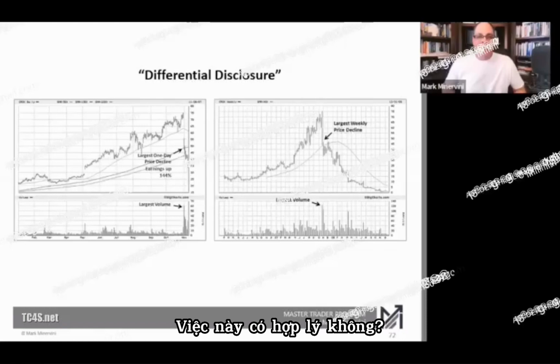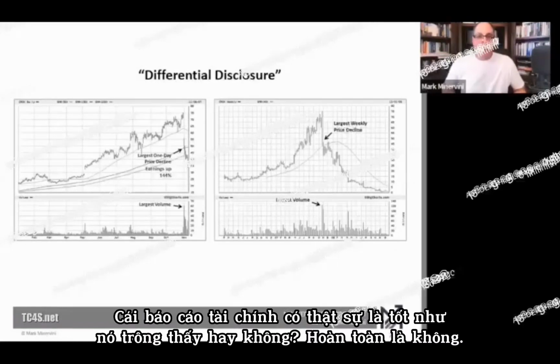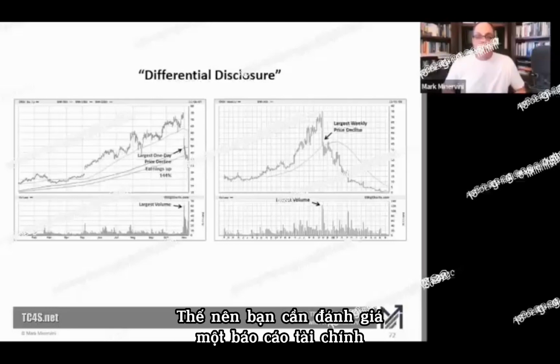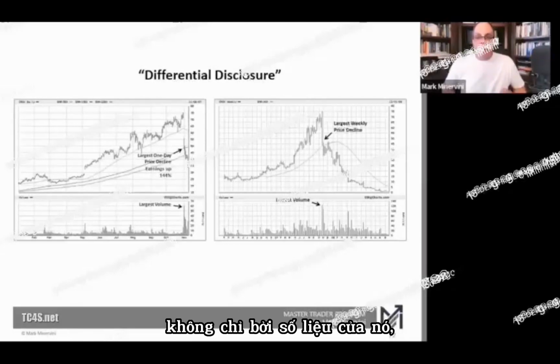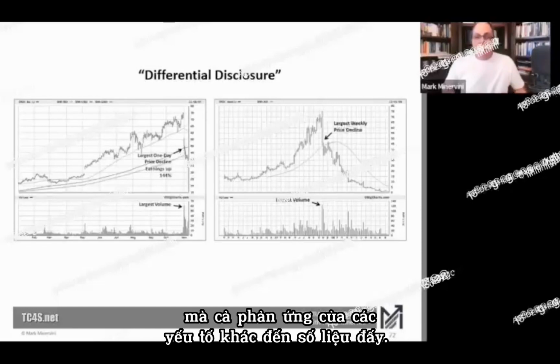Would that make sense? Is that earnings report really as good as it looks? Absolutely not. So you have to judge an earnings report not only by the face value of the numbers, but by the response to the numbers.